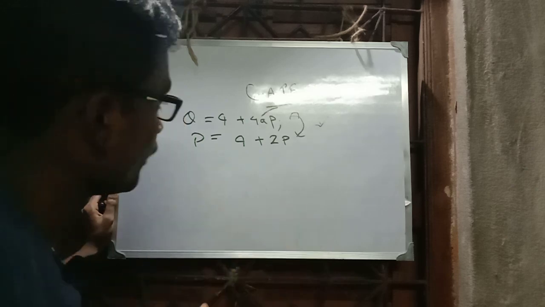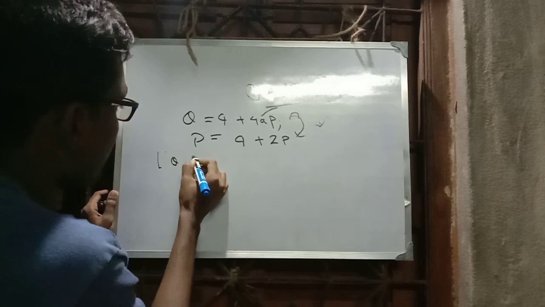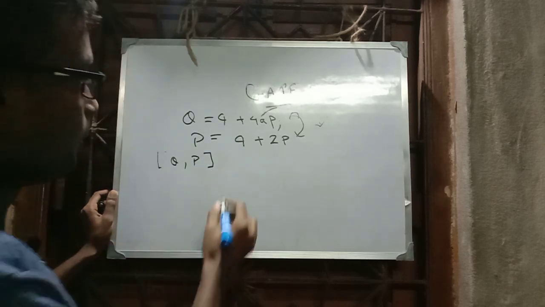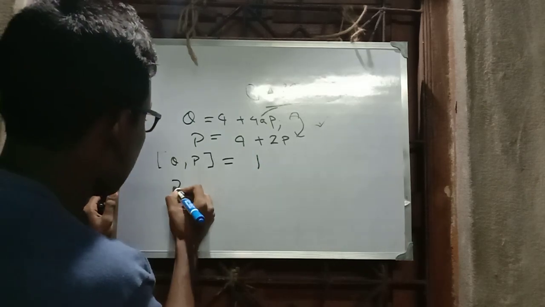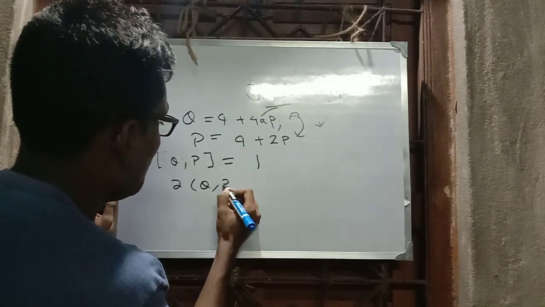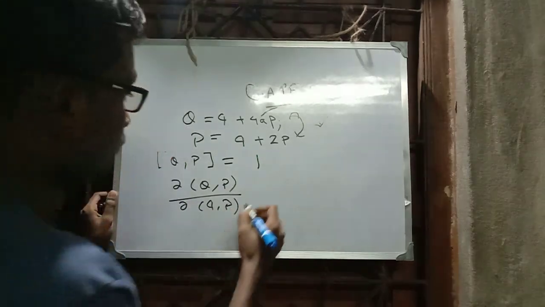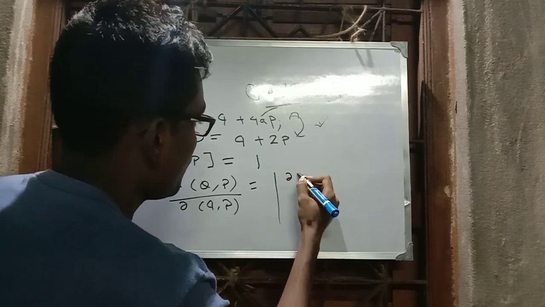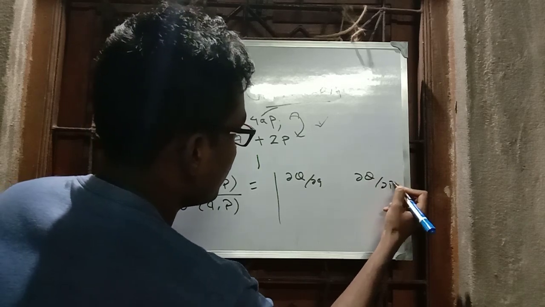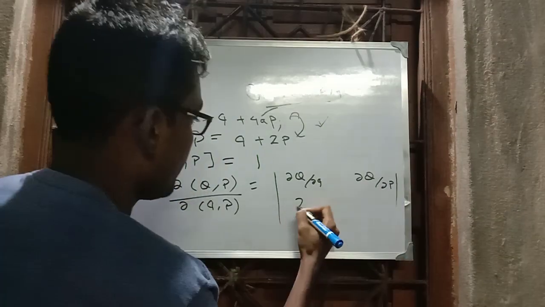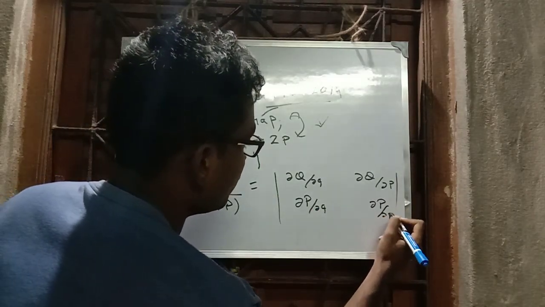So what you have to do is first find the Poisson bracket and compare the result of this Poisson bracket with 1. It has the formula delta of (Q, P) by delta of (q, p), that means the Jacobian matrix: delta Q delta q, delta Q delta p, delta P delta q, and delta P delta p.